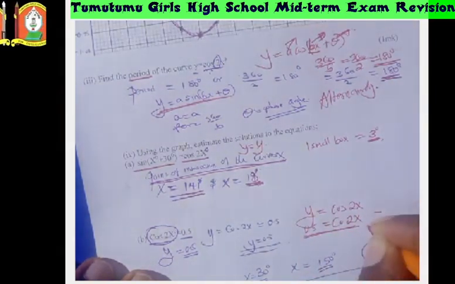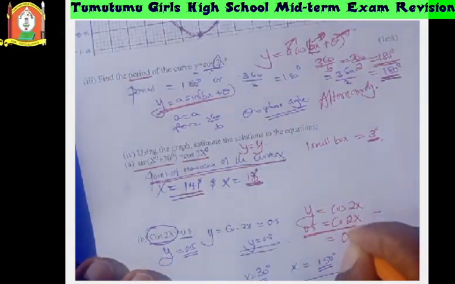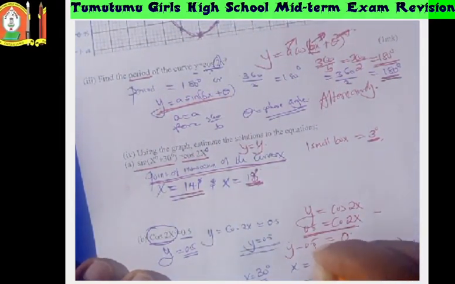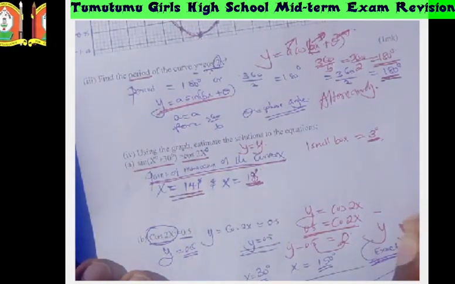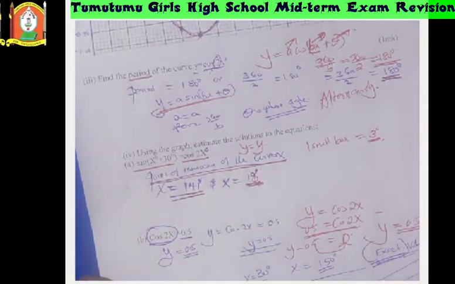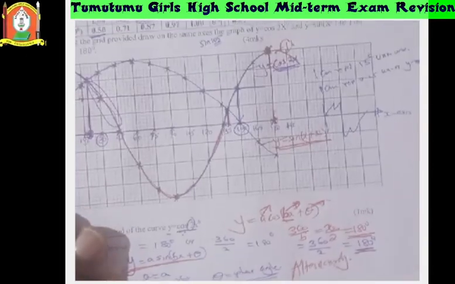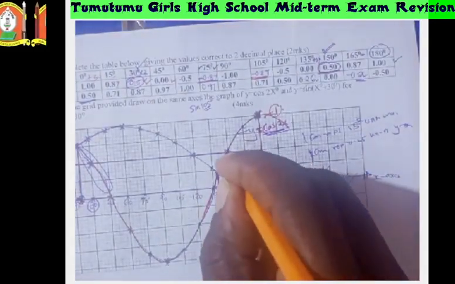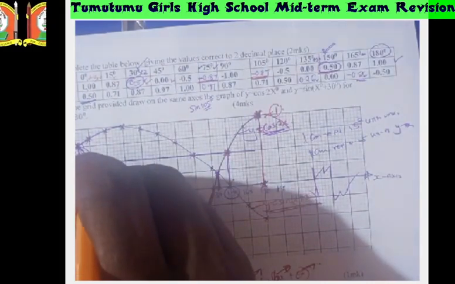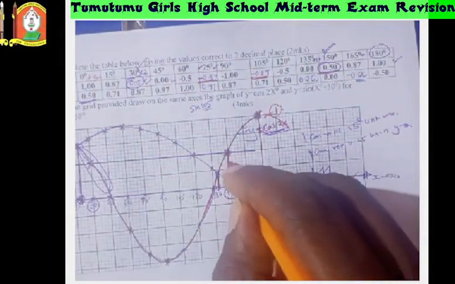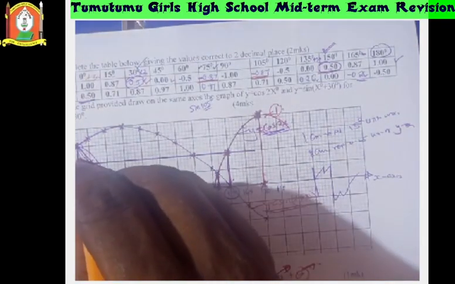If we subtract, this one gives us 0, this one gives us 1 minus 0.5. Moving this to this side, it gives us the line y equals 0.5. So we draw the line y equals 0.5, and where the line cuts the curve y equals cos 2x, we read the values of x.